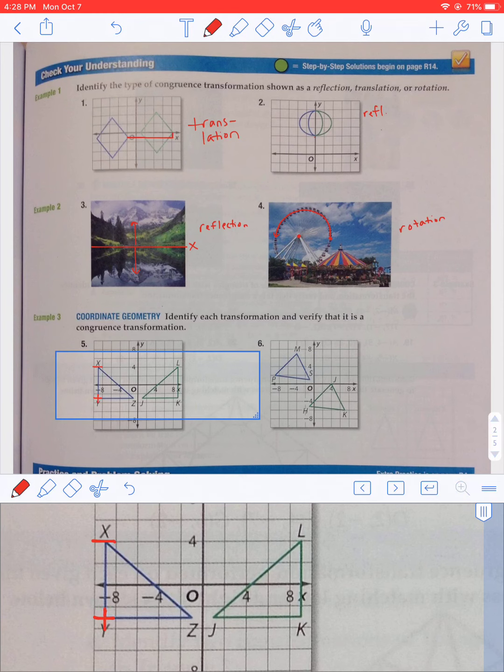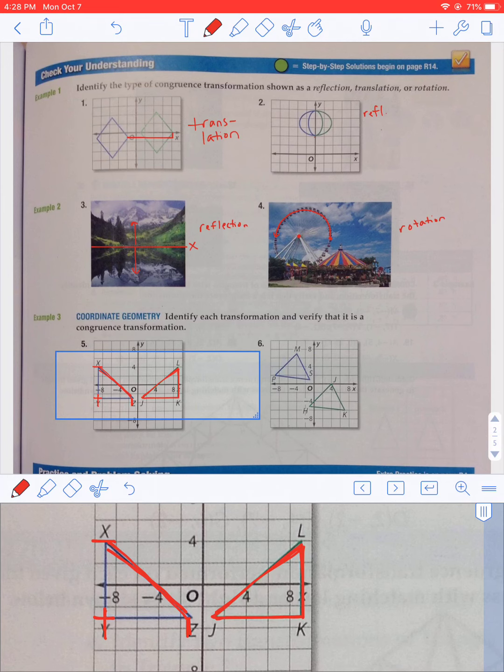And likewise, from Y to Z, you can just count because it's perfectly horizontal, and the only ones you're going to have to find the length of are this side right here and this side right here, okay? Those angled sides you are going to have to find the length, but you could do that with distance formula or Pythagorean theorem. And again, over here on this green triangle, you can just count and count, okay?